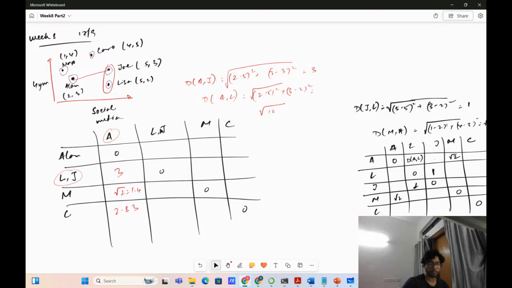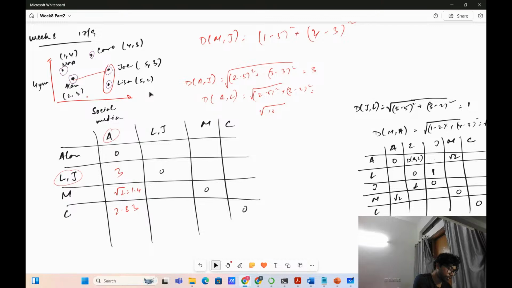Between Lisa Joe and Max, again you have to see whether this distance is lowest or this distance is lowest. But from visual inspection, I can measure that Max and Joe distance is lowest. So the distance between Max and Joe is the square root of 1 minus 5 whole square plus 4 minus 3 whole square.